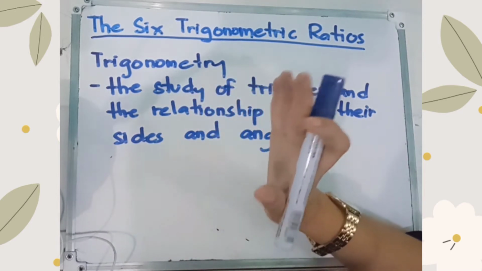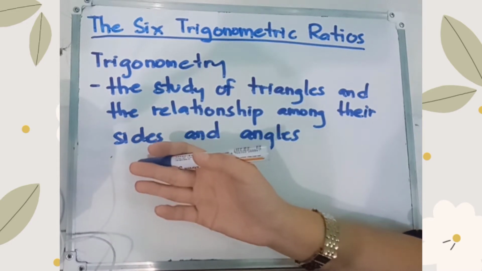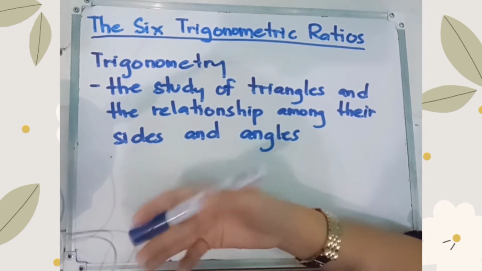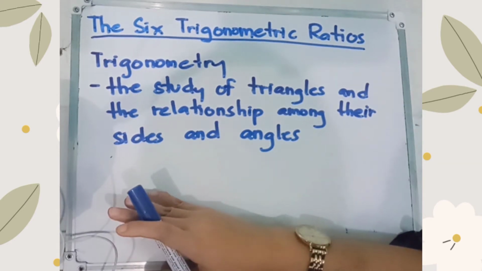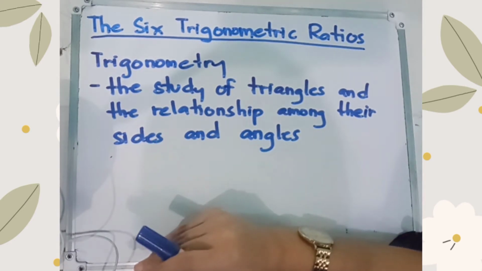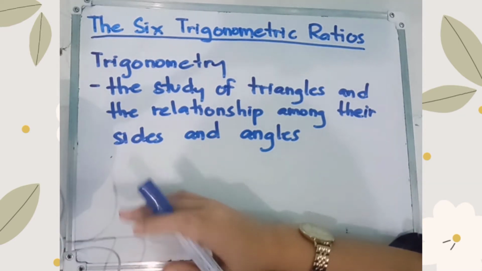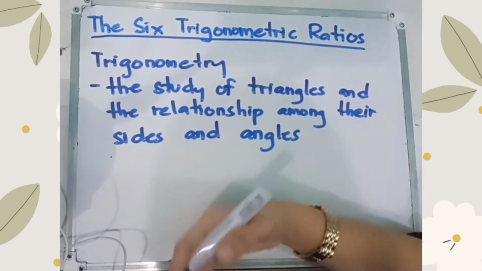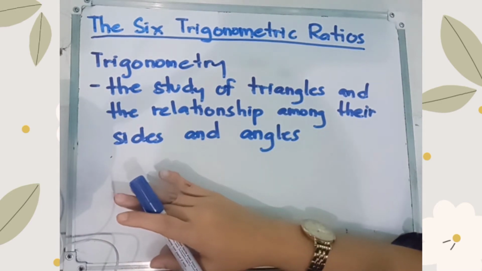For the first half of the semester, we talked about the basics, the things that you needed to know or to review about algebra. At this point, we'll be reviewing some basic concepts that you need to recall when we talk about trigonometry.